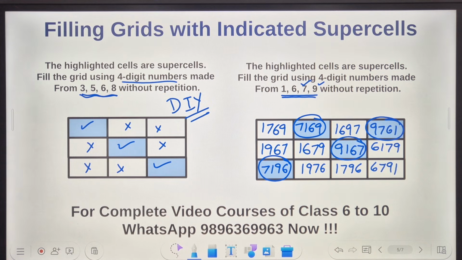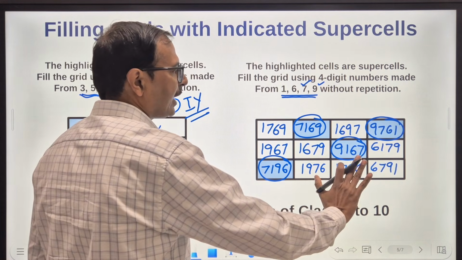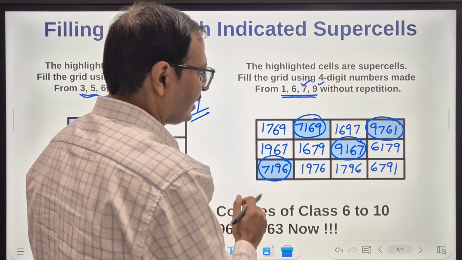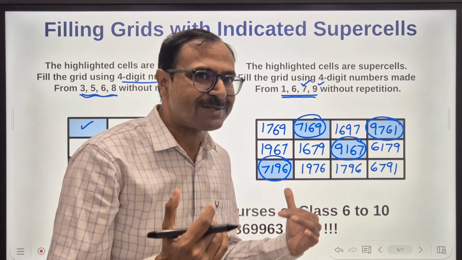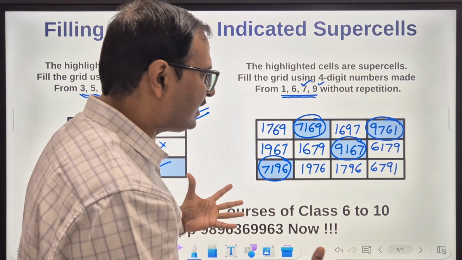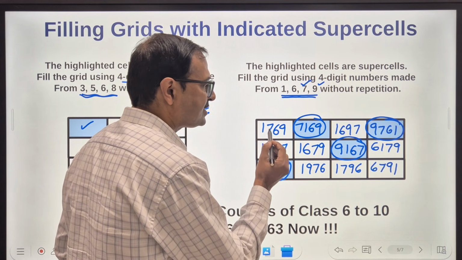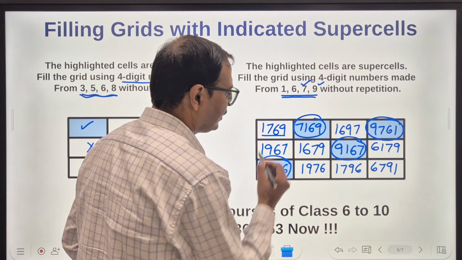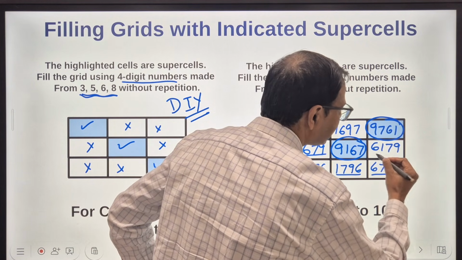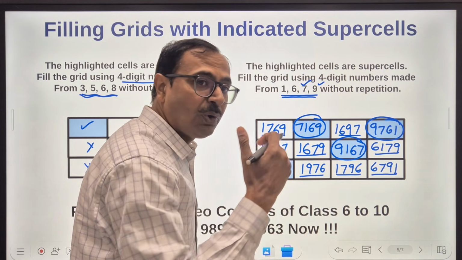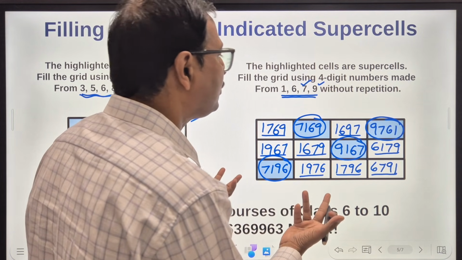Right? Now if you try to analyze this, there might be some cells which have by default become supercells. So I want you to identify and check whether all these non-shaded ones, which maybe I'm underlining here, are non-supercells, or is there any repetition which we have done?